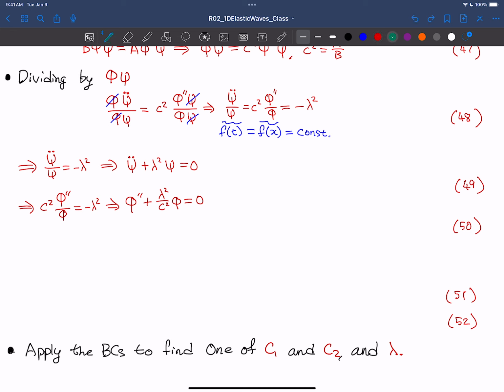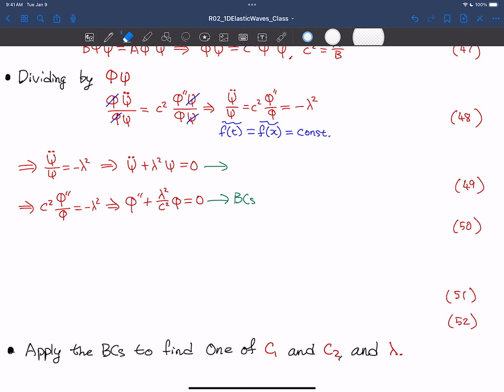Let me switch colors here. Here you can use initial conditions if you wanted to solve that. We won't deal with that, but instead we're going to focus on only the space part. Here we're going to need boundary conditions. And to be more specific, here you would need to recast them.